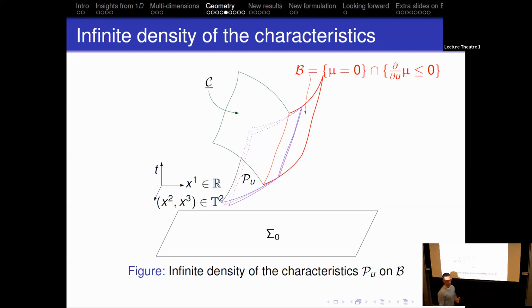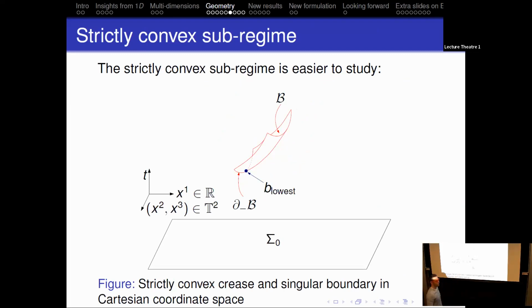That's a much more degenerate regime, and much less is understood in multi-dimensions about that regime. Now, certainly this picture with Leo that I'm constructing is not understood in that regime. Okay, so let me say something about regimes.